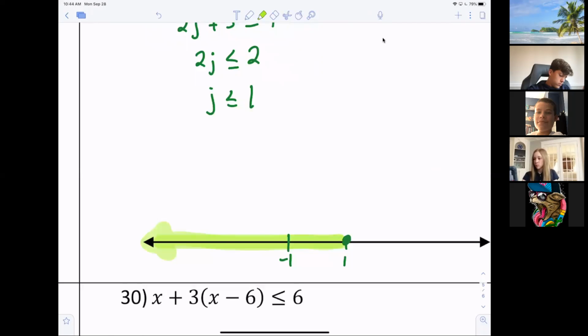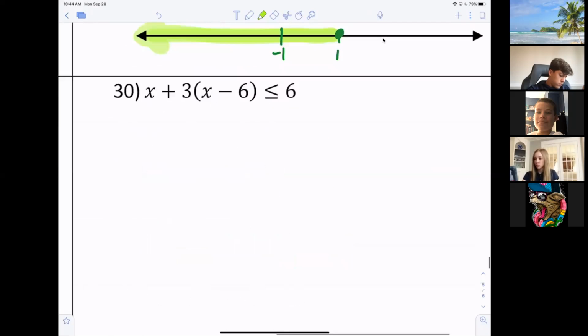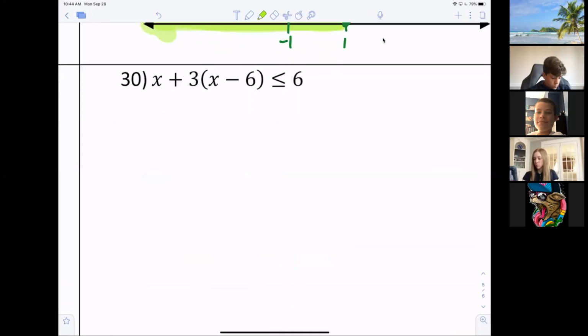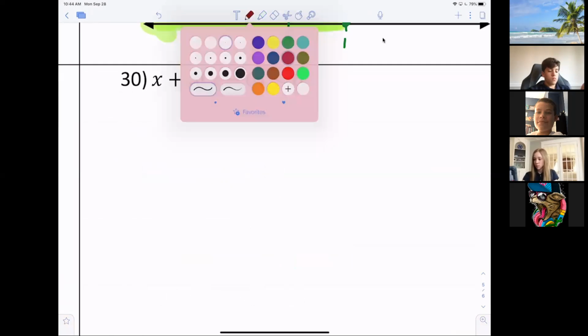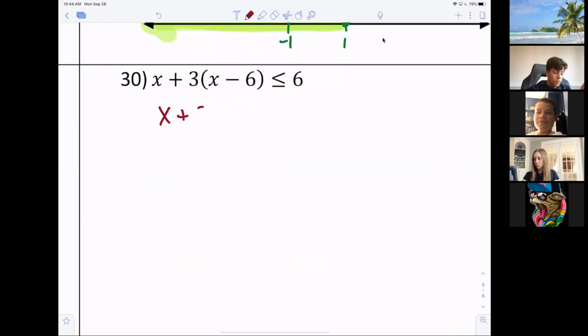Easy, easy, easy. All right, let's knock out 30. Let's distribute. 3x and x makes 4x. Adding 18.